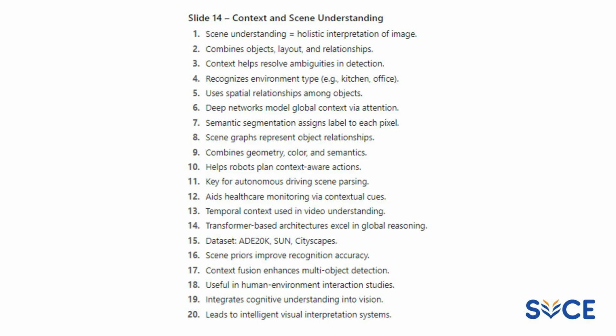For example, in a street scene, understanding recognizes cars, pedestrians, buildings, and traffic lights. Context understanding predicts that pedestrians are likely to be on sidewalks and cars will follow the lane. The importance of scene and context understanding is that it provides high-level reasoning about the environment.